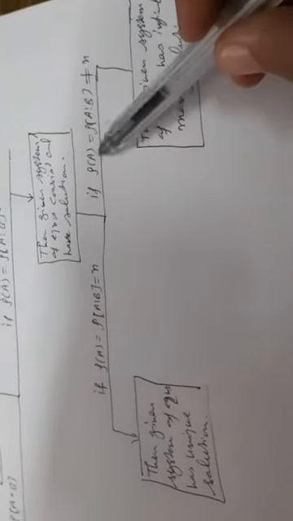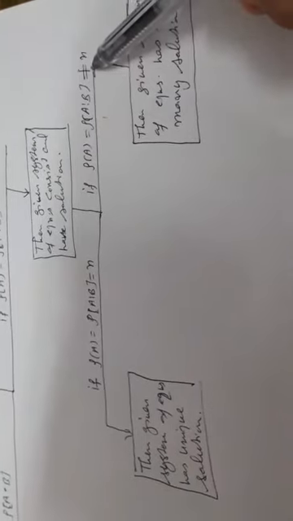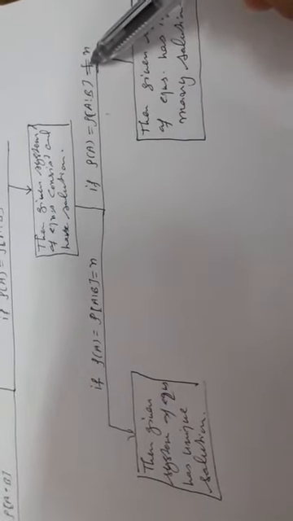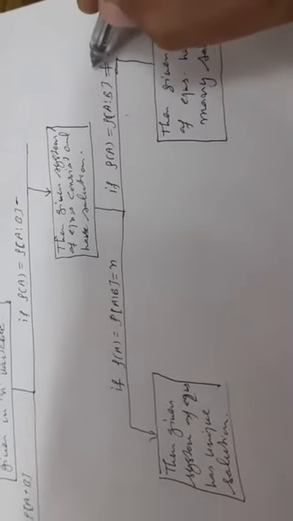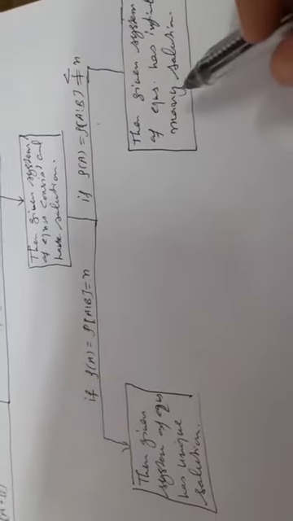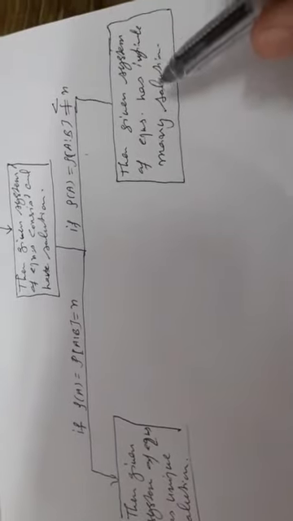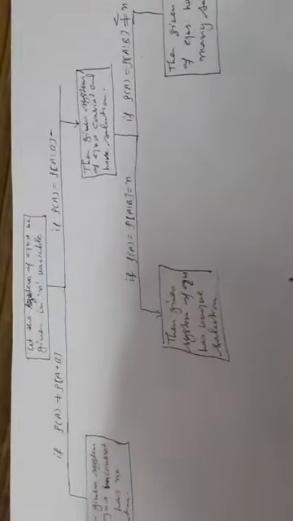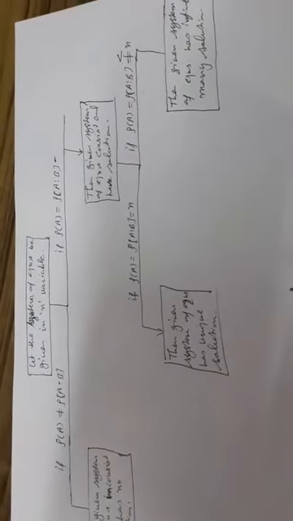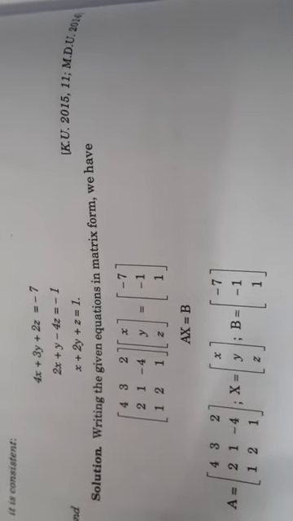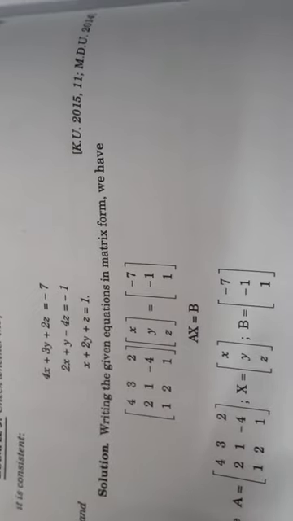And if both matrices have equal rank but it is not equal to n, then definitely it is less than n, and the given system of equations has infinitely many solutions. So with this diagram it is now very clear when the given system of equations has a unique solution, no solution, or many solutions. Now we do some examples to know more about this and how to find the solution of equations by using the matrix and rank of matrix.